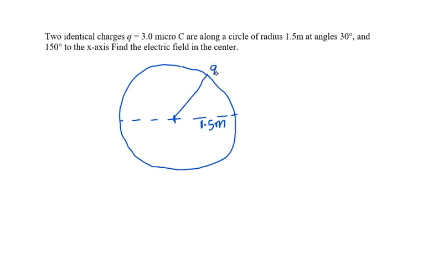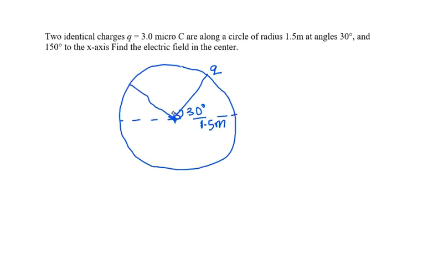Here is Q, 30 degrees. And the second charge is placed at an angle 150 degrees. Let's assume 150 should be in the second quadrant. Let's assume this is 150 degrees.